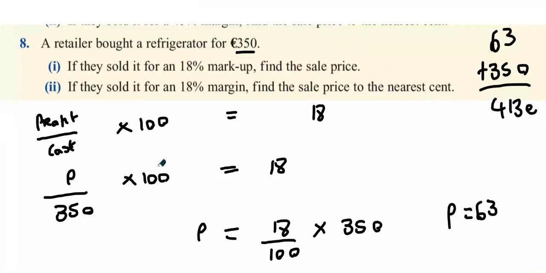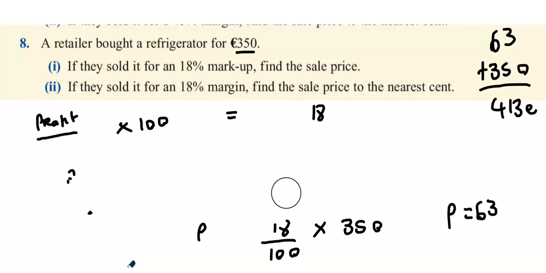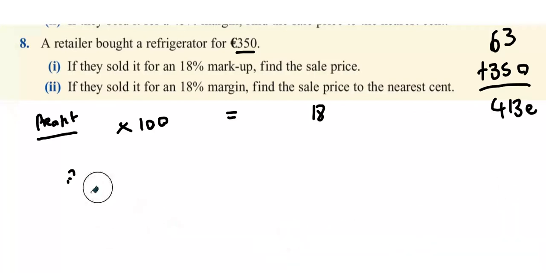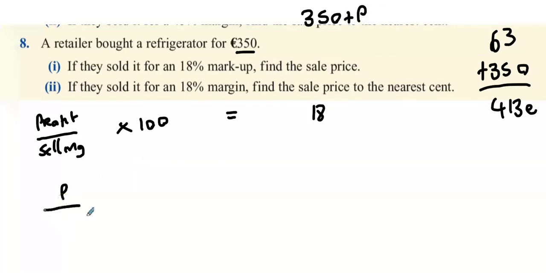Okay, next one. Sales price. So it's a margin this time. So for part 2, it's going to be the selling price. Now your selling price is 350 euro plus the profit you're going to make. So it's profit, which is P, divided by 350 plus P, multiplied by 100, equals 18.